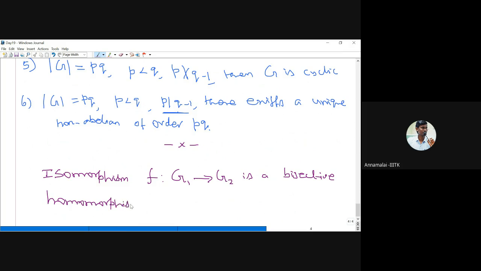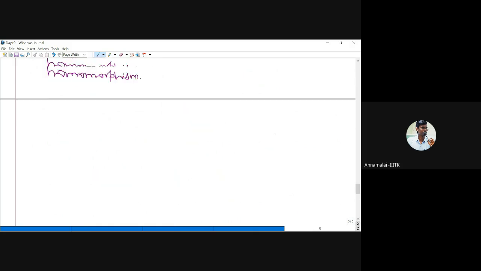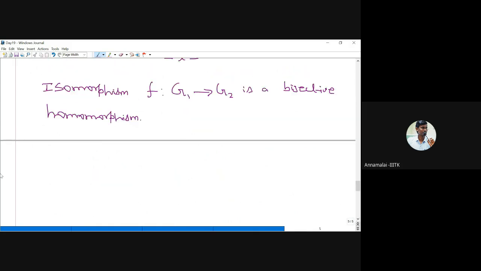Suppose we take an isomorphism between the domain and codomain of the same group; such an isomorphism is called an automorphism. Automorphism is an isomorphism from G to G, where the domain and codomain are the same group.